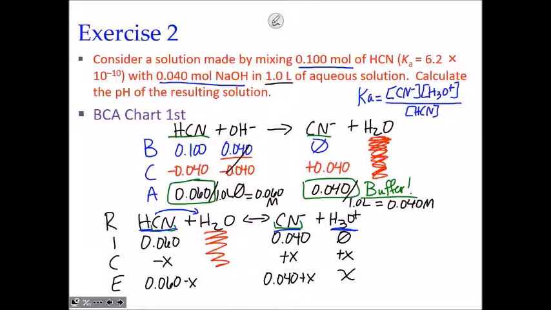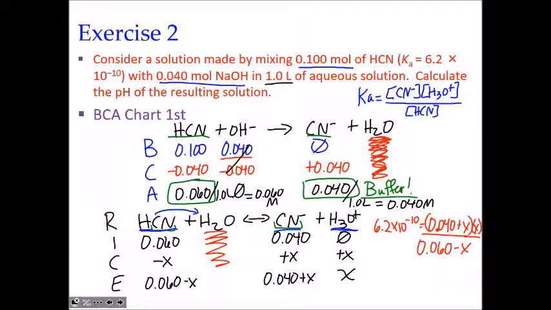We have the 6.2 times 10 to the minus 10 equals x squared over, no, actually it's not x squared this time. That's right, because we have the common ion in there. So it's not going to be x squared. This is going to be 0.04 plus x times the other x over 0.060 minus x.